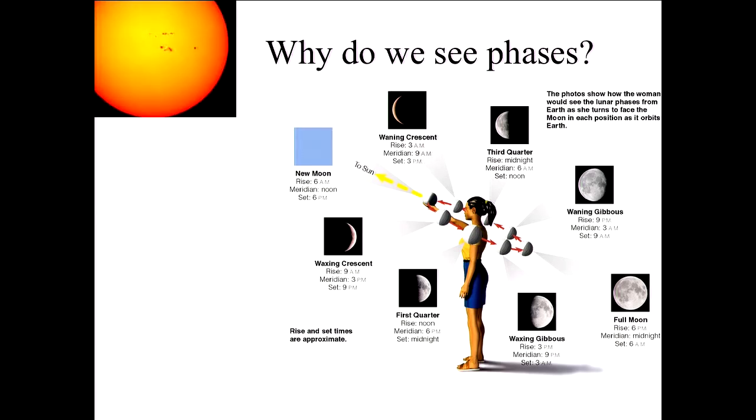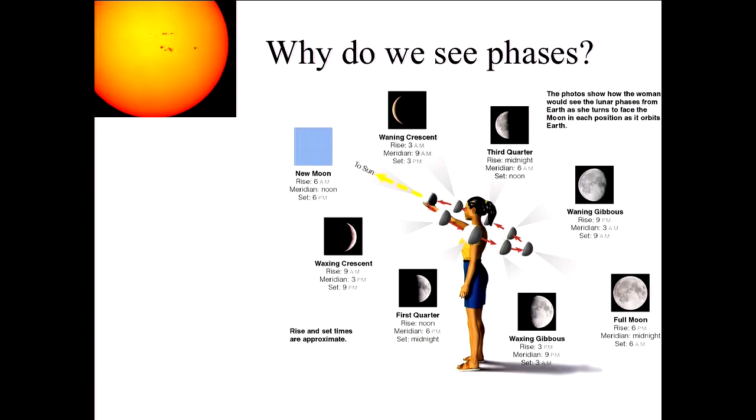So there's the sun. The sun is what illuminates the moon. One side of the moon, one hemisphere of the moon gets lit, and there you see it. There's the sun. It's illuminating that half of the moon.